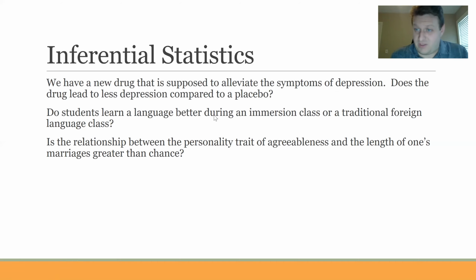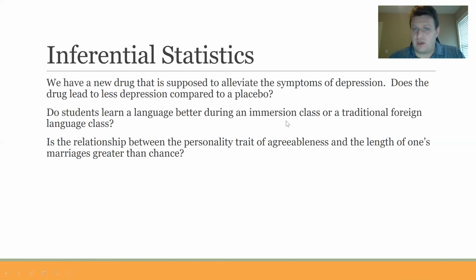What we might do is calculate a correlation coefficient for maybe 100 people in our study, and we have to infer from whatever that correlation coefficient is, maybe 0.1, maybe 0.2, whether there is a statistically significant correlation in the population. Does agreeableness actually predict the length of one's marriage?